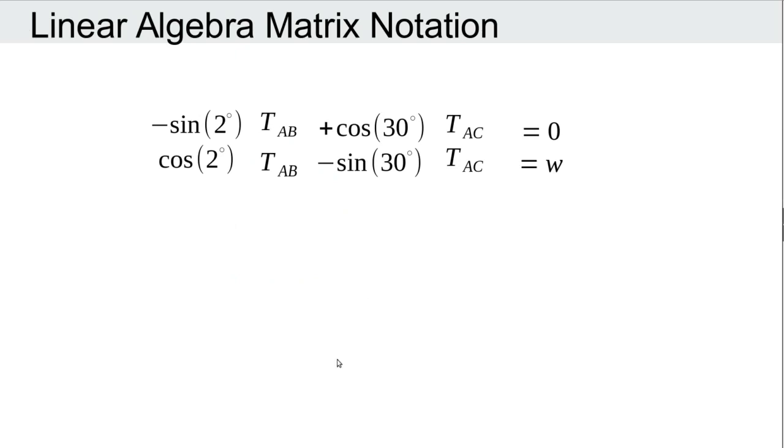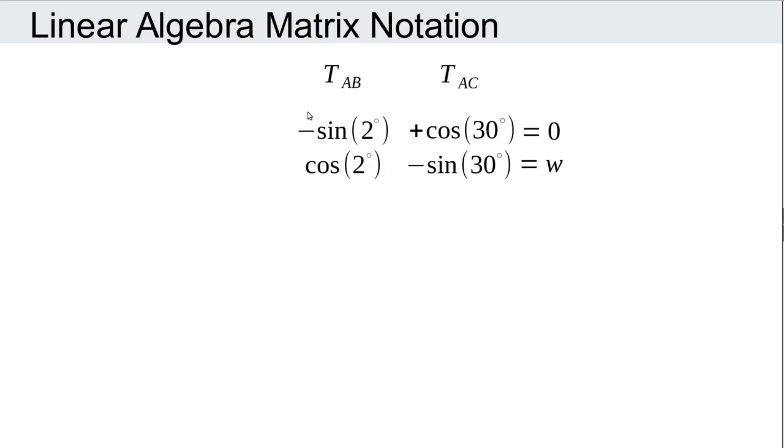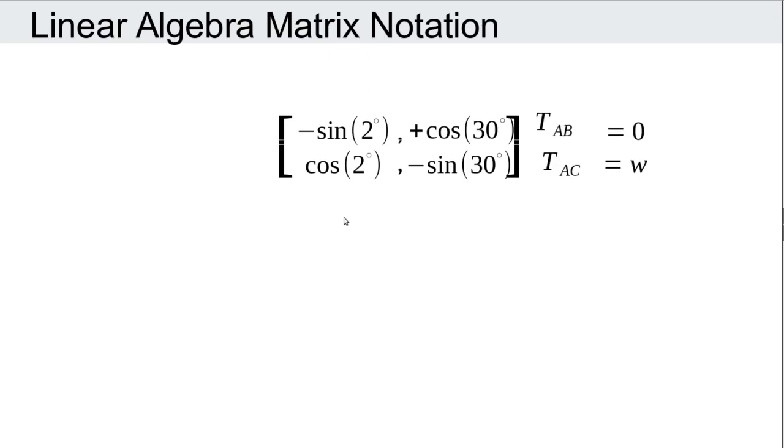So let's take a look at how this gets manipulated into a matrix. The first thing we can do is move the TAB and TAC up to the top and squeeze things together so the numbers multiplying TAC are under it and the numbers multiplying TAB are under it. Then we'll group the numbers into a matrix that has 2 rows and 2 columns. Then we'll make some room over here and move our TAC and TAB down with TAC on the bottom.